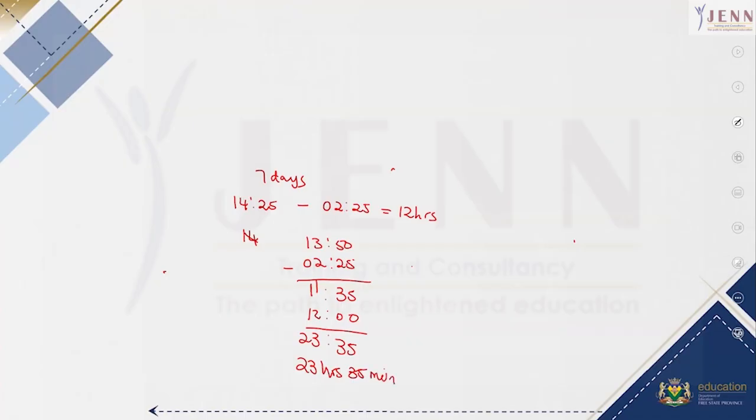So the time that they spend in Joburg is 7 full days and 23 hours and 35 minutes.